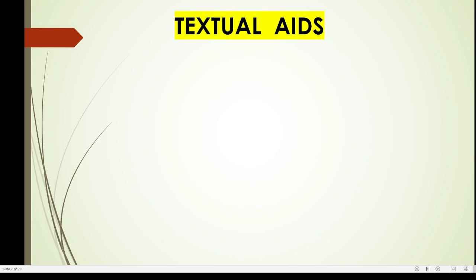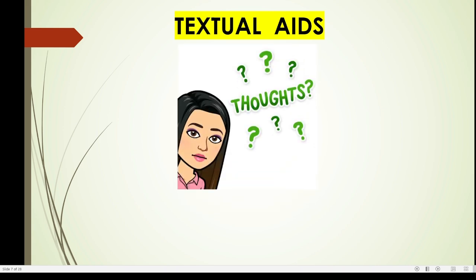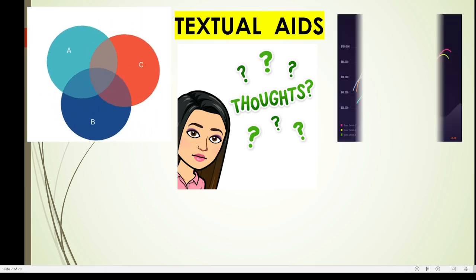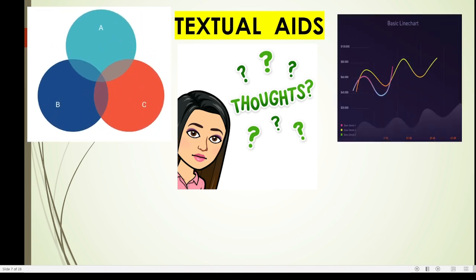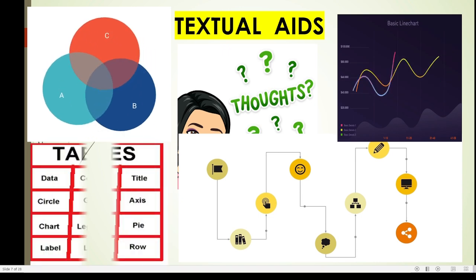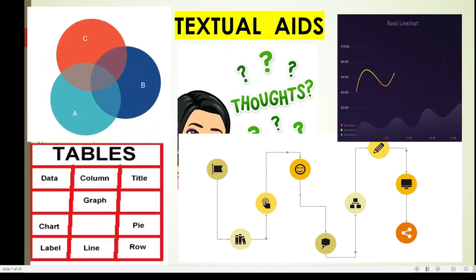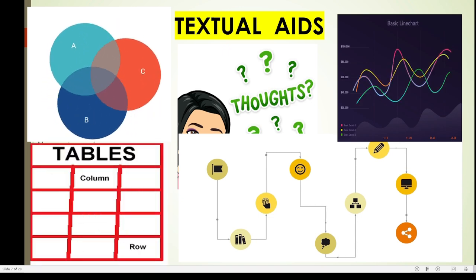Now, let's proceed to our lesson proper. What is your idea when you hear textual aids? What do you have in mind? Is it about a text or character, or more of pictures that illustrate information? Class, textual aids may include diagrams, graphs, flowcharts, tables, maps, and other graphic organizers.